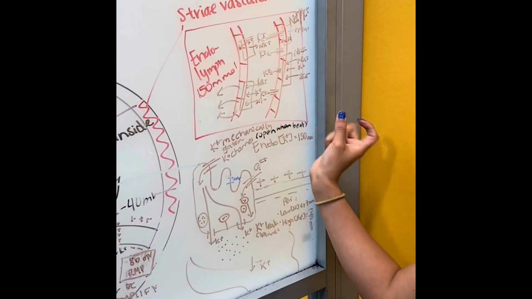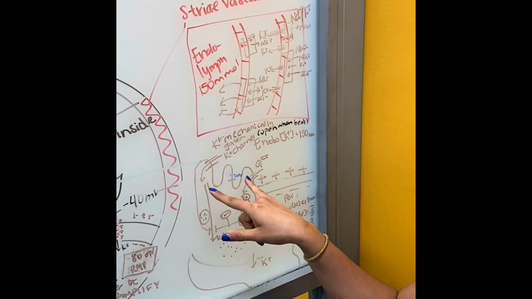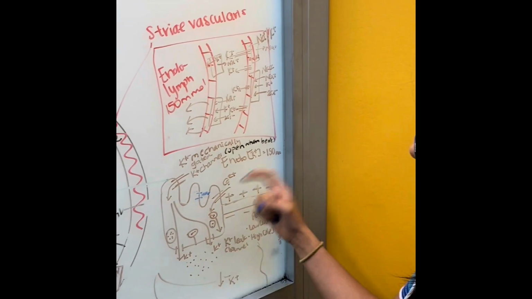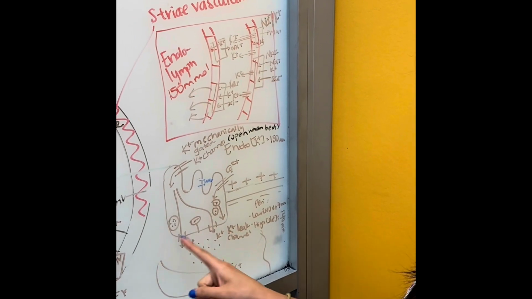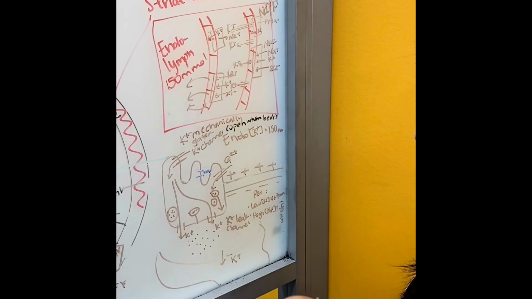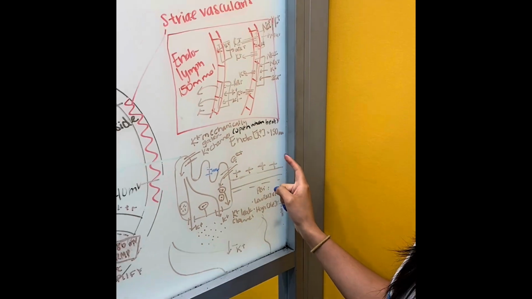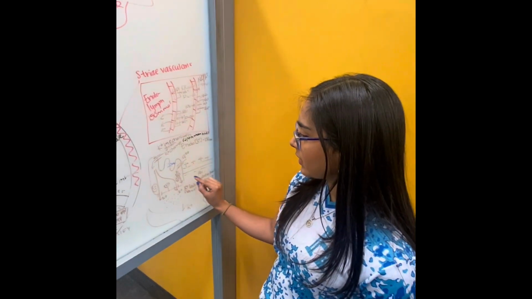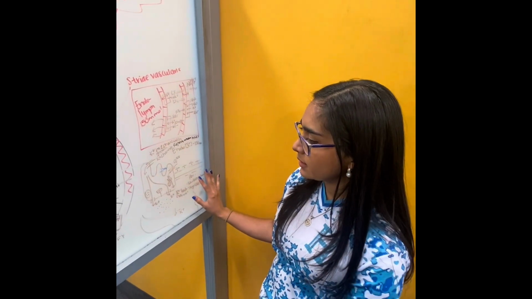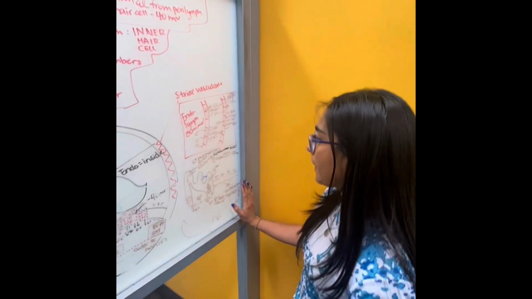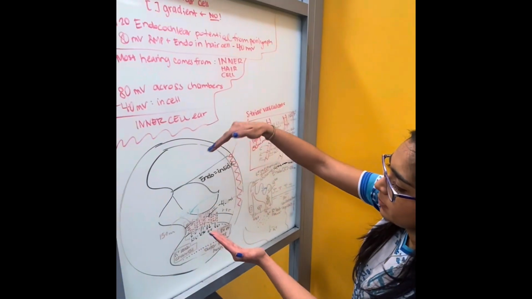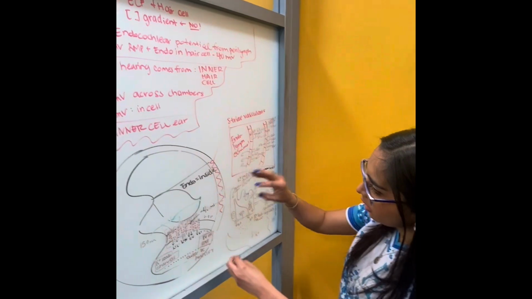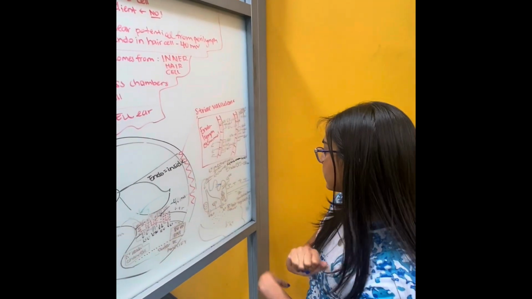In this case, we will have potassium coming in, and then we will have leak channels as well. The reason this helps us is because it lets calcium in, and that's how you create an action potential into the next cell. Outside it's a positive charge, and inside, in our ICF, we have a -1. We have fluids in the perilymph and the endolymph, and the different pressures are the ones that help us create the sounds.